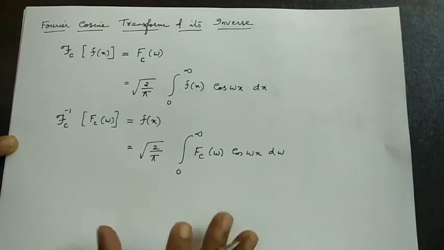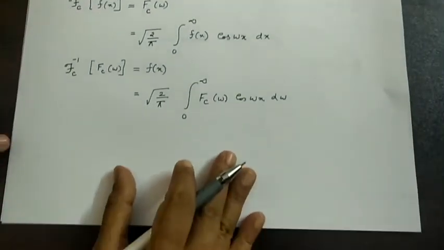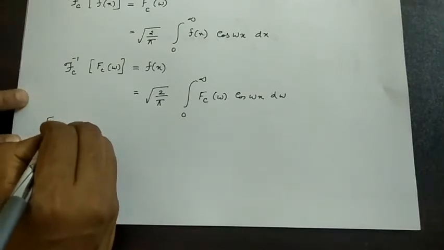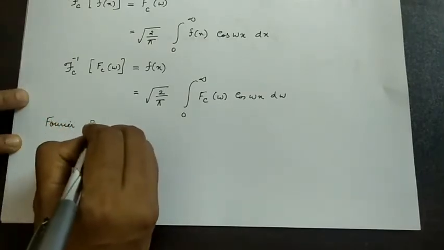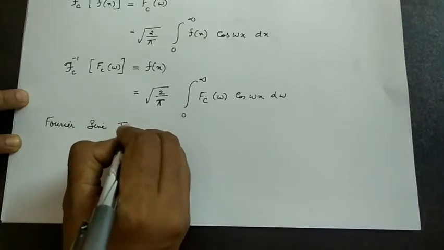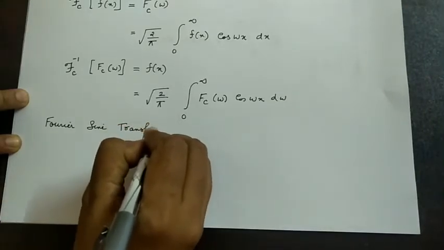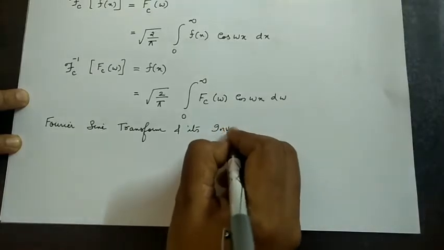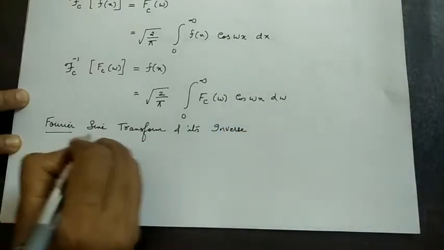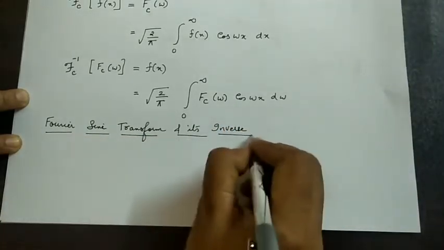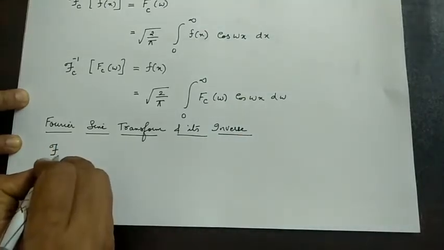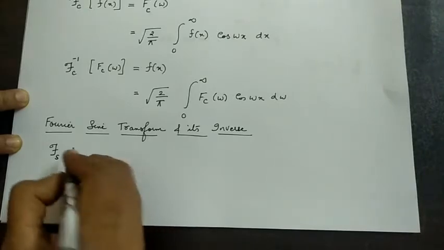Now similarly we can write the Fourier sine transform and its inverse. The Fourier sine transform is denoted by using the same notation with the s on the top.